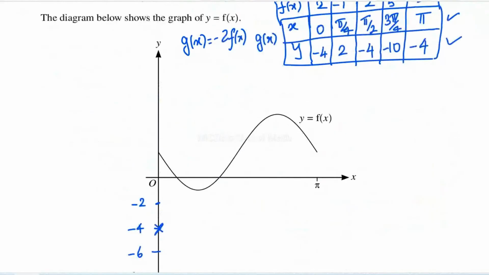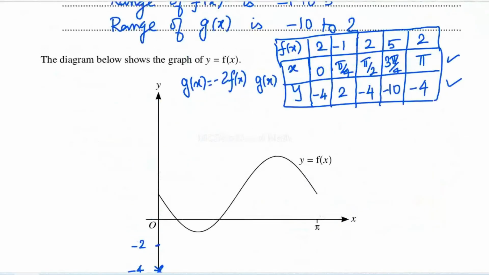Then pi over 4, 2. So that will be here.